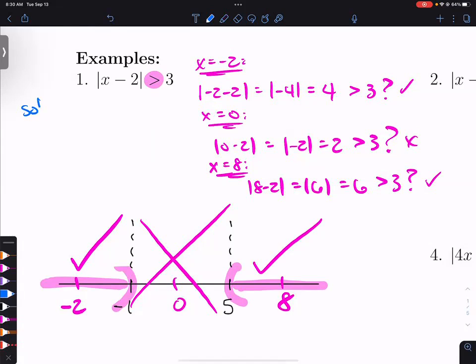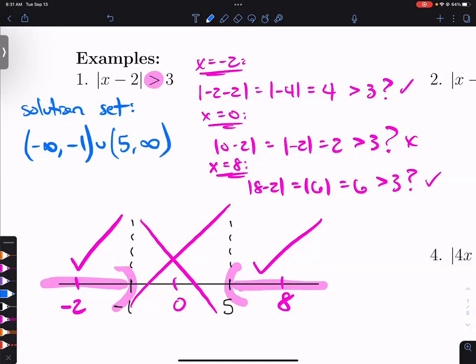So the solution set for this thing is what? It's the stuff I shaded in pink at the bottom of the number line. -infinity to -1, then a union, and then 5 to positive infinity.